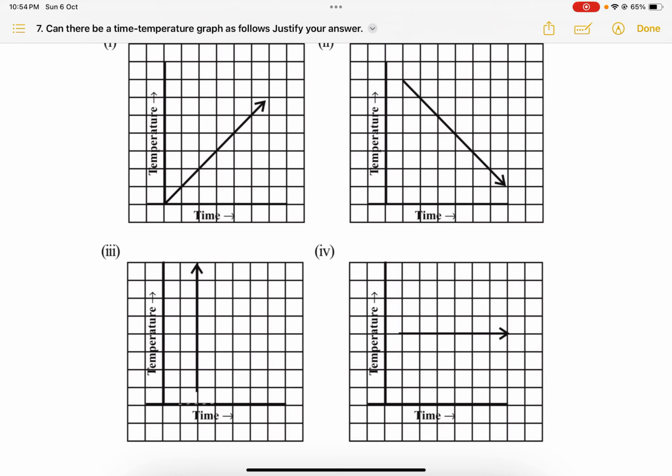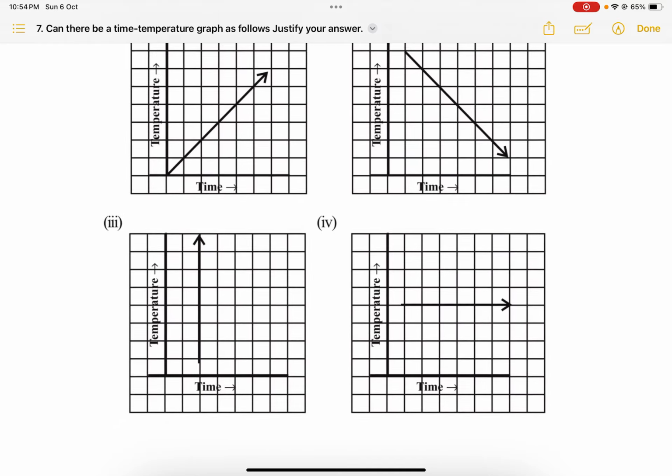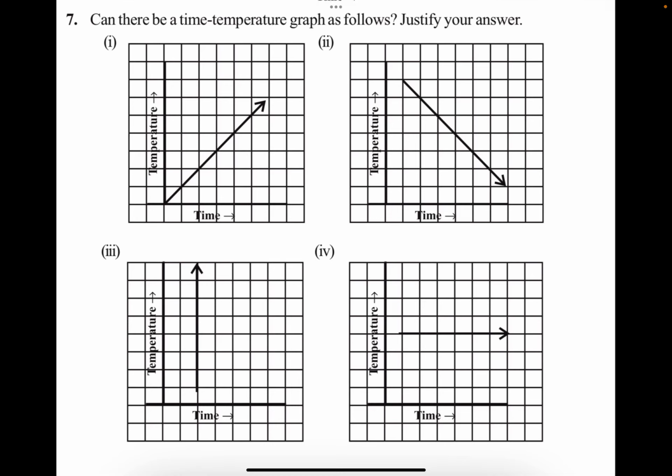And then here, time is not increasing, and at the same time the temperature is going up. That means the temperature is increasing very rapidly, which is not possible. So it is not possible, since the temperature is increasing rapidly at the same time.